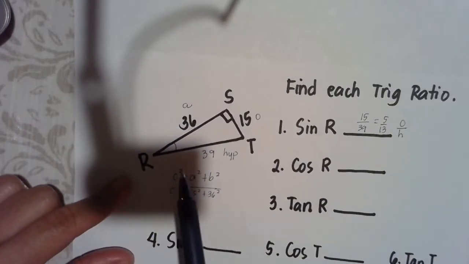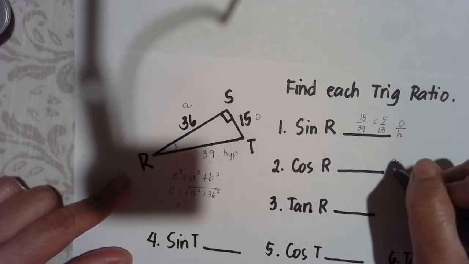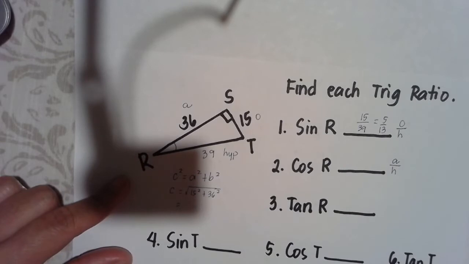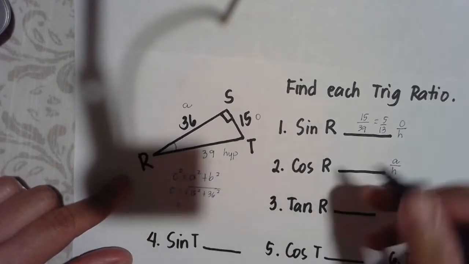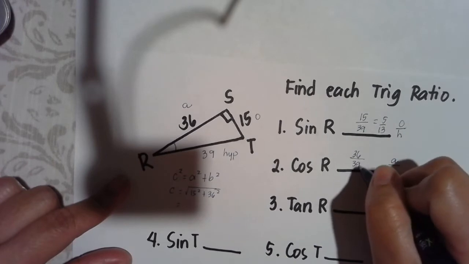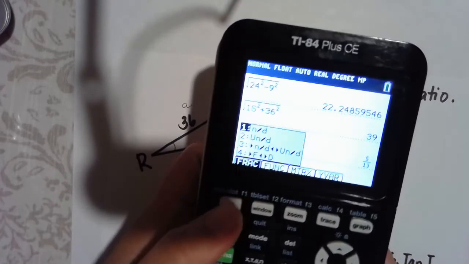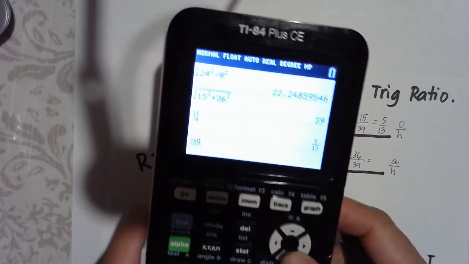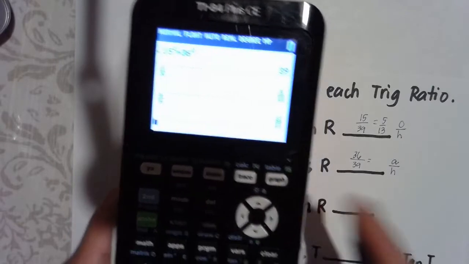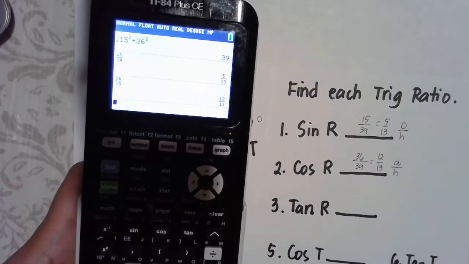Next, cosine. Cosine is adjacent over the hypotenuse. If your adjacent is 36 over the hypotenuse of 39, that gives a lowest term of 12 over 13.